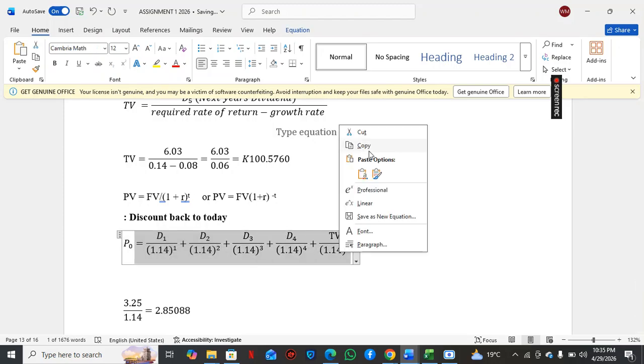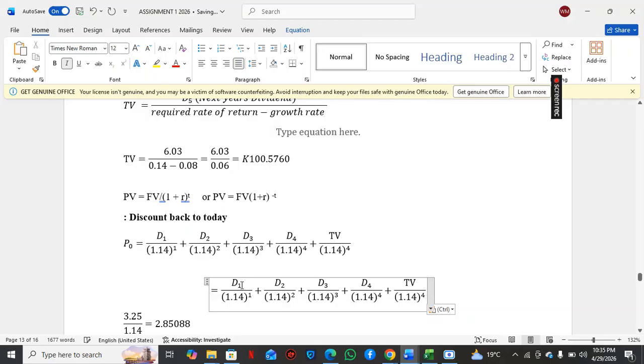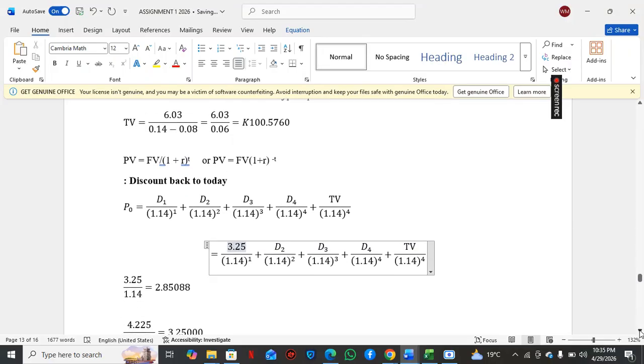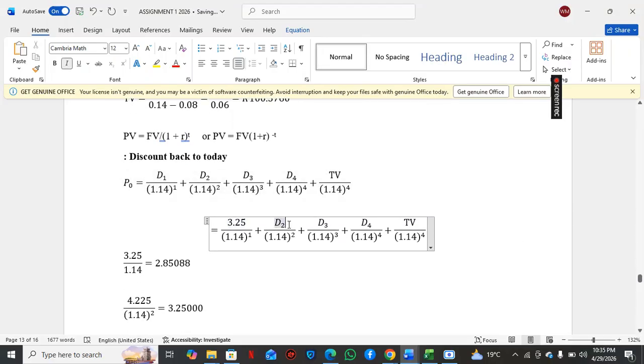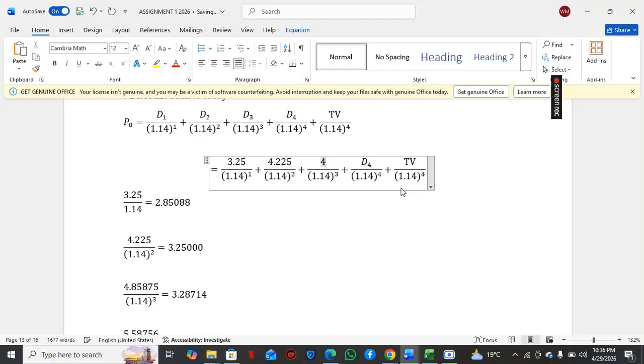So you do it like this. 3.25 is the expected dividend for year 1. 4.225. 4.85.